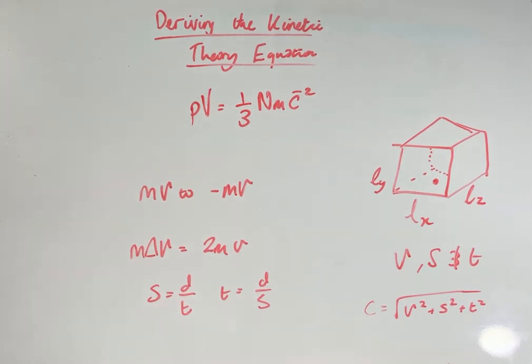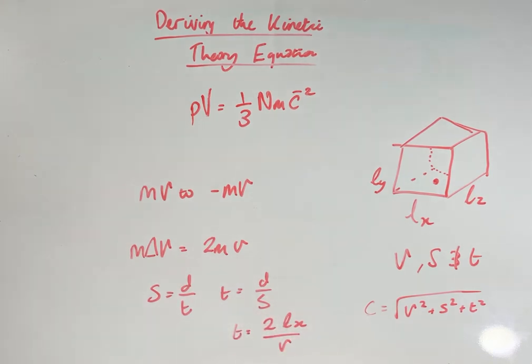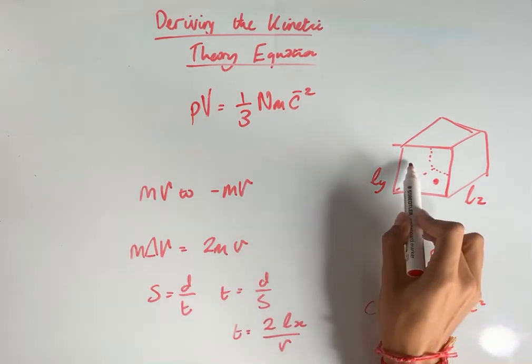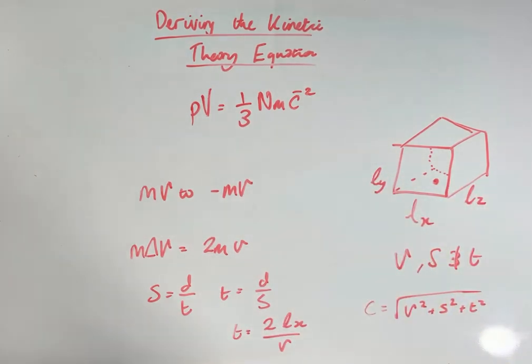Subbing our values in, we would find that t equals 2Lx over v. Here it's 2 because it has to travel to one side and then back, so we double the distance. Our distance is Lx because that's the dimension, and we use our velocity as v because that's our component of velocity in the x direction.